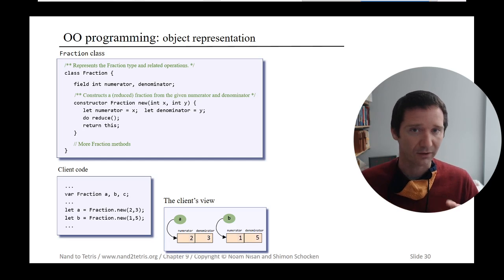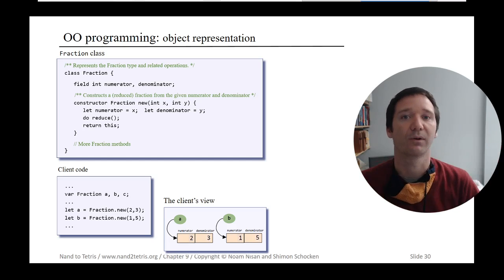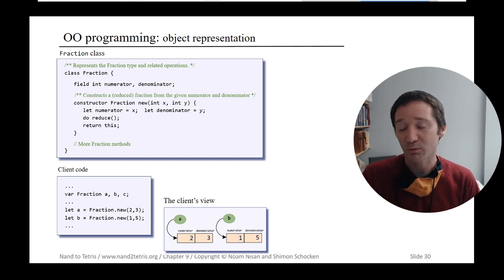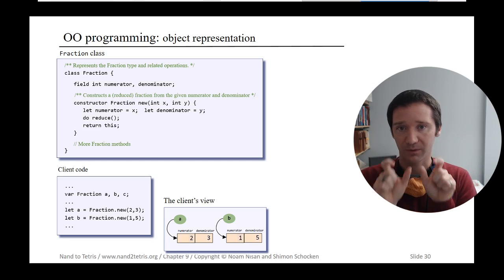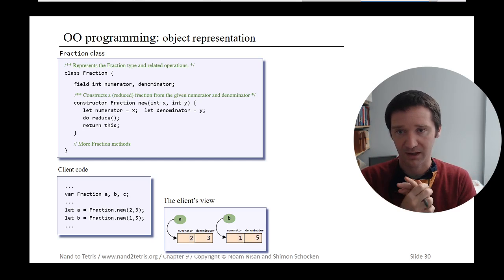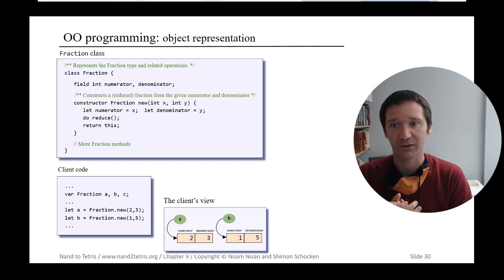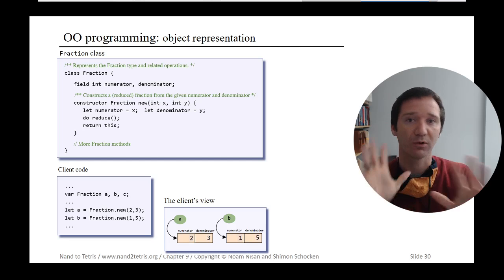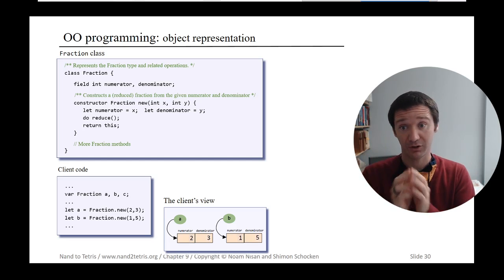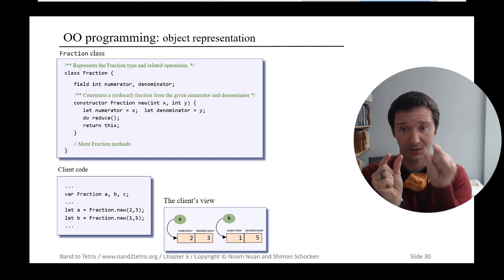So in essence, we can peek under the hood at what's going on. An object is really just some section of memory where we store that object's field variables. In this case, the variable A is a reference to a fraction that's somewhere off in the heap, storing the numerator 2 and the denominator 3.